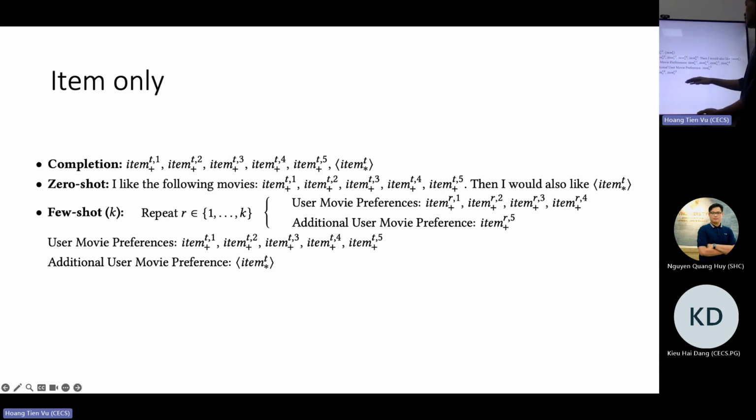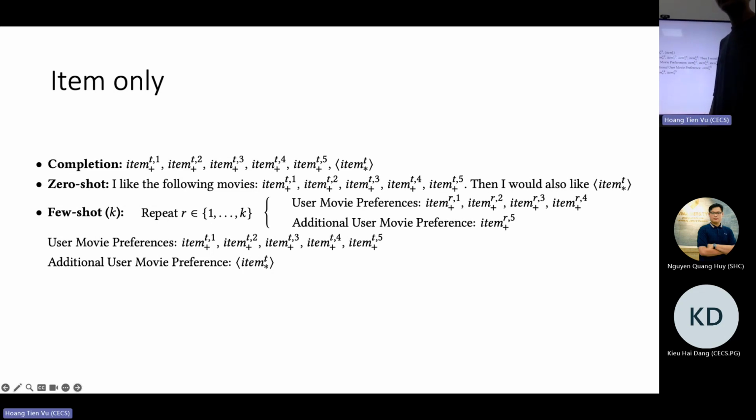Actually we have 4 available movie preferences, and now we have some upcoming additional movie preference 5, and our large language model will respond with the rating or the preference about an arbitrary item in the 40 movie pool. We need to predict it.